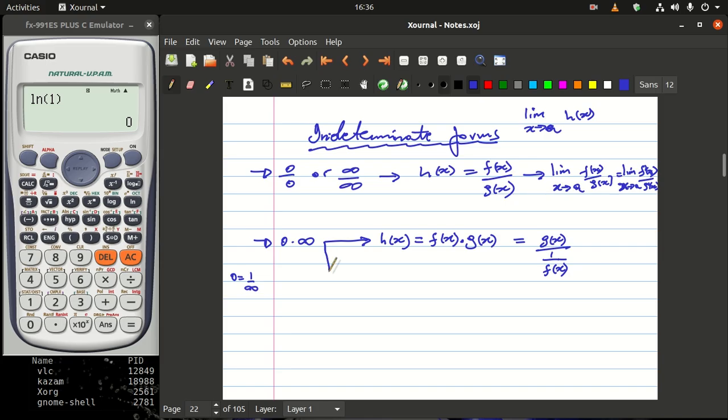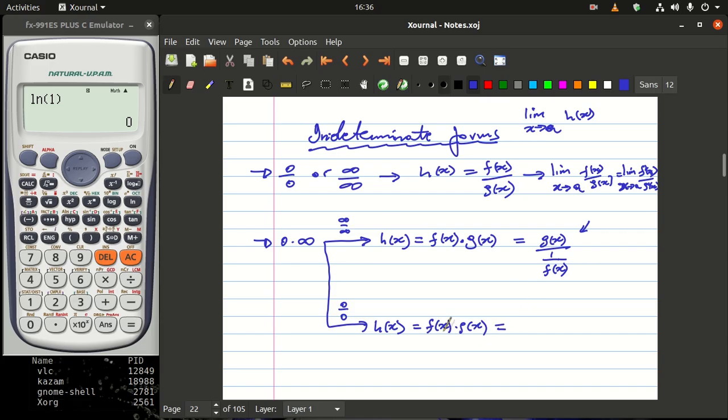Or you can change this one. For this one here, you want to get infinity over infinity, but this one here you want to actually convert now to 0 over 0. I will explain what is happening. Like I said in the example here, you are still having a function times another function, so you have some f of x times g of x.